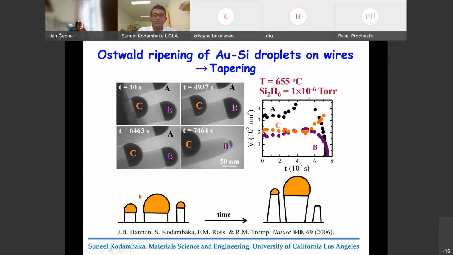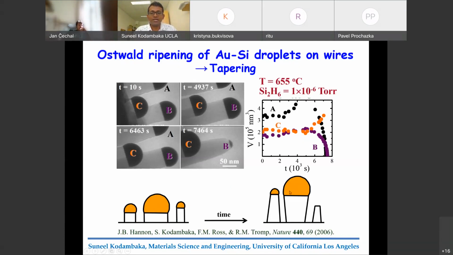And so what is happening is that when you have an ensemble of nanowires of different diameters, these gold droplets basically see each other even though they are situated on top of the nanowires. And so the same phenomena that I talked about in the last lecture happens here. The gold diffuses down the nanowires and reattaches to the larger diameter wires.